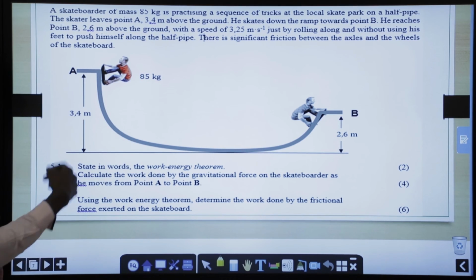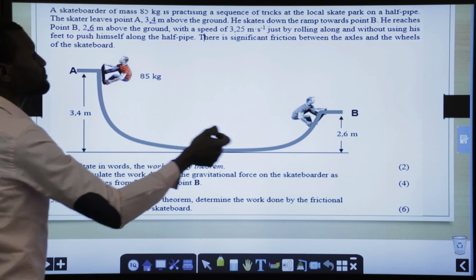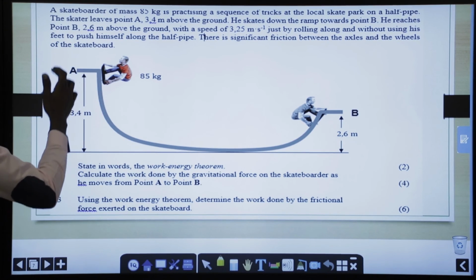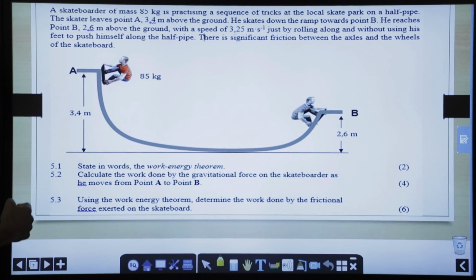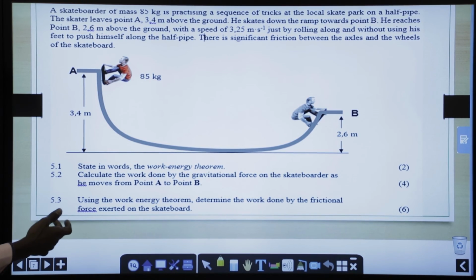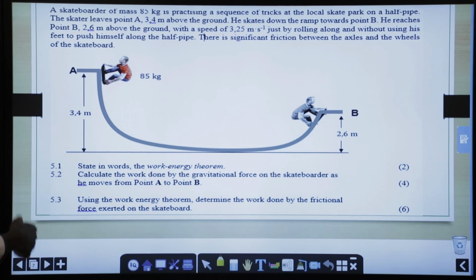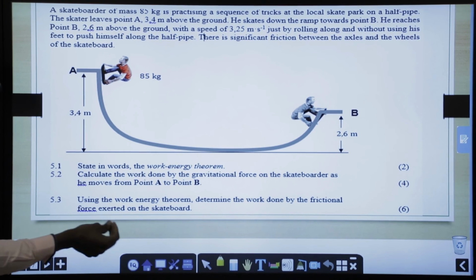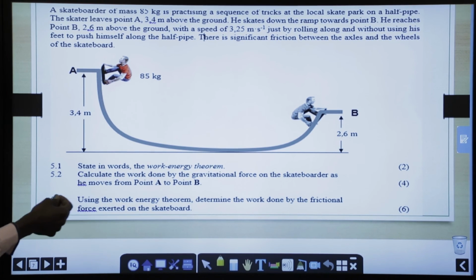The skateboarder then skates down the ramp towards the point B. He reaches point B, which is 2.6 meters above the ground, with a speed of 3.25 meters per second. Just by rolling along and without using his feet to push himself along the pipe, there is significant friction between the axles and the wheels of the skateboard.